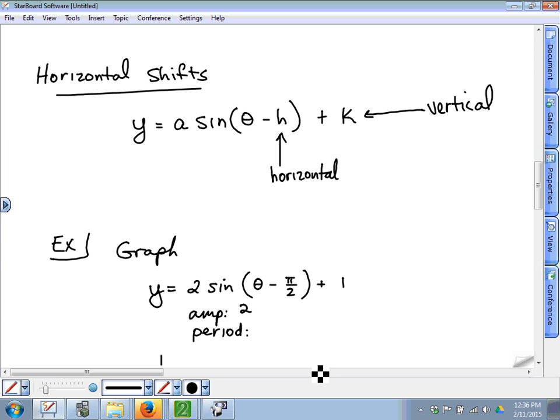Amplitude's 2. Period is 2 pi over b. Remember, it's 2 pi over b. And b is still the number in front of theta. What is the number? 1. So it's 2 pi divided by 1, which is 2 pi.